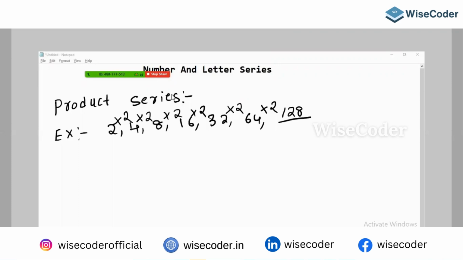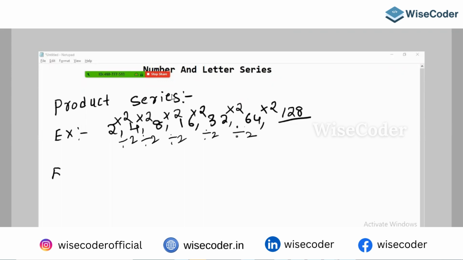For example, 64 divided by 2, you get the previous number 32. 32 divided by 2, you get the previous number 16. So vice versa concept. If you divide in reverse order, you will get your answer. Sometimes he will ask you the first one, so you need to figure out what your answer is.